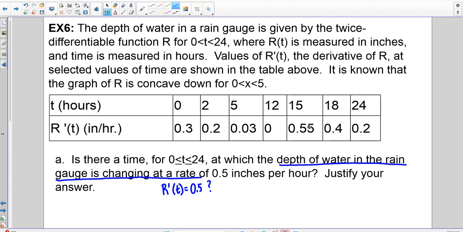So we are going to say, since r is twice differentiable, r prime of t is continuous.